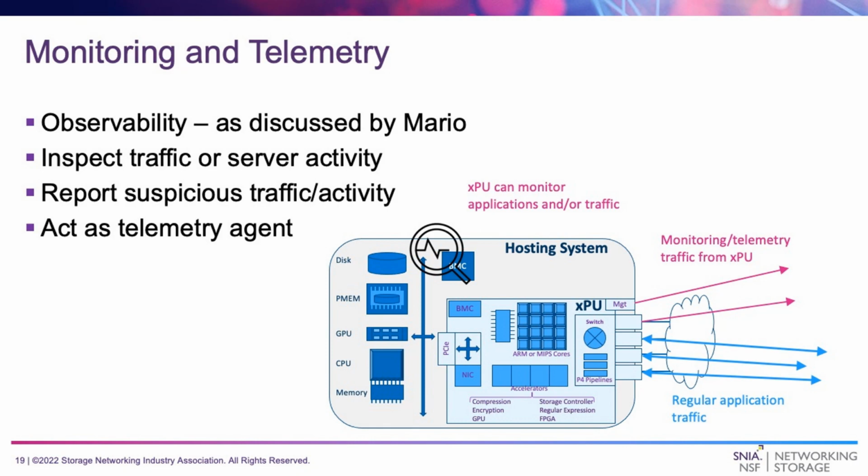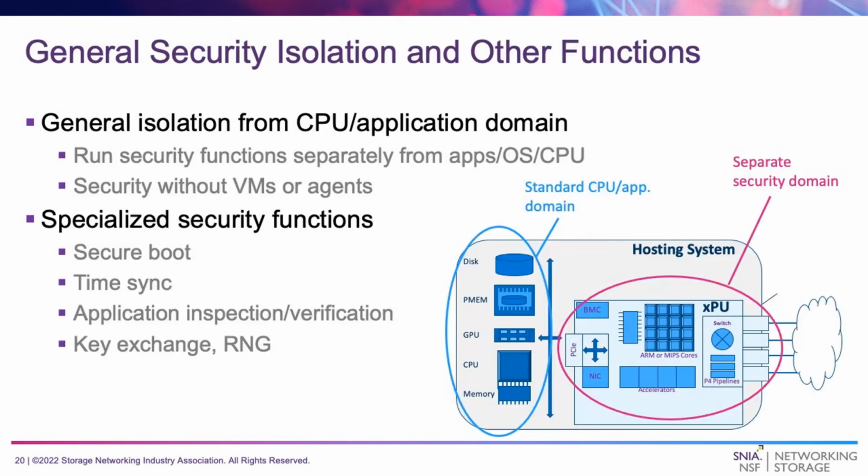So this gives the ability for the xPU to act as a telemetry agent, as well as providing other remote management and remote monitoring, like the ability to reboot the server if there's a problem, or the ability to interact with the server's BMC in order to check on server environmentals as well as perform remedial actions if the server appears to be compromised. And that leads me to my 4th and last slide, which is that an xPU provides some security isolation. And this isolation is both from a performance standpoint as well as from a security standpoint.